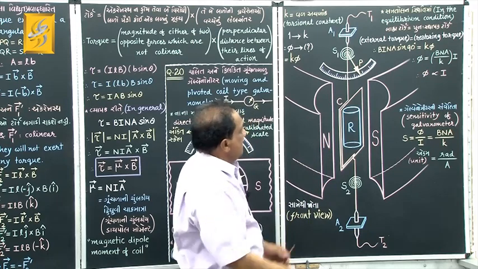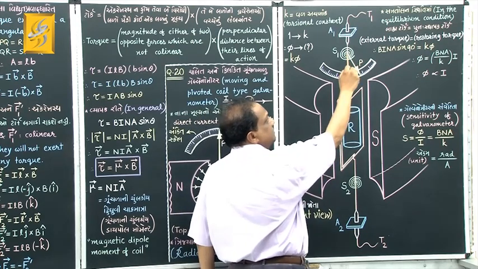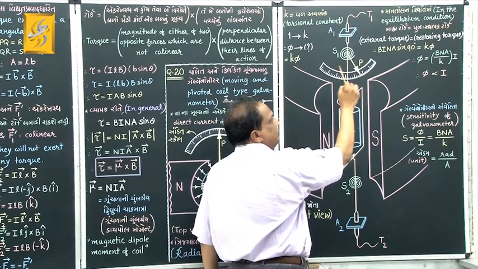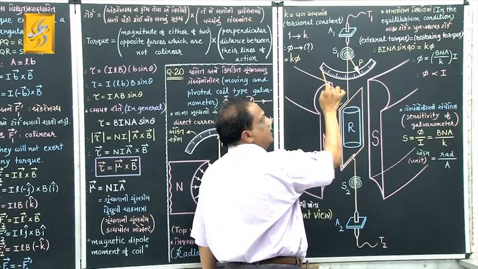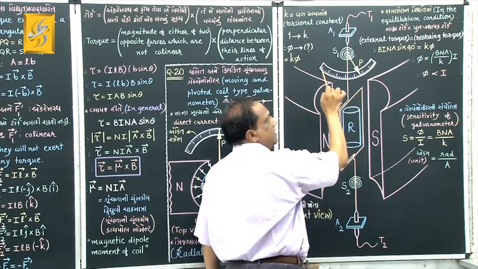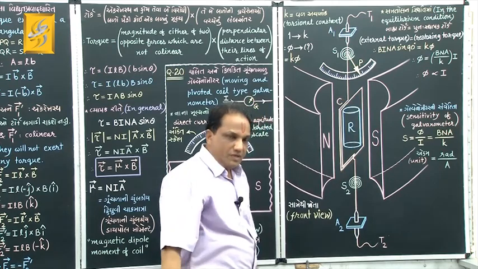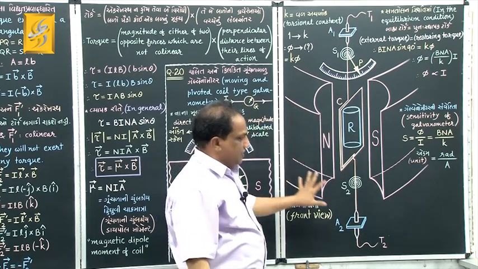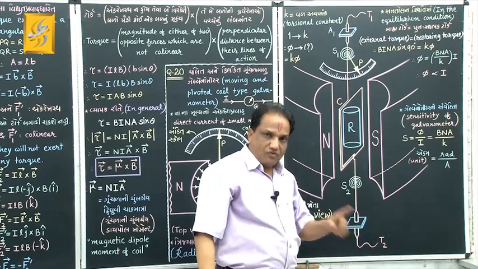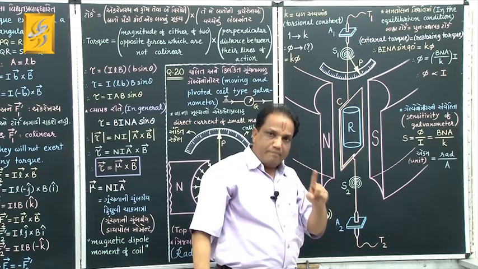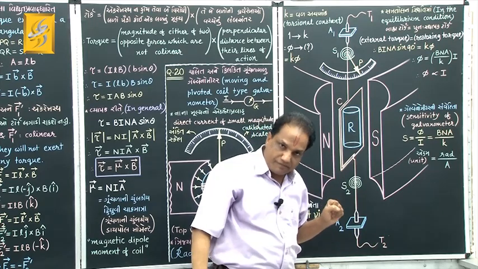Okay. Then here we just tie up one pointer which can deflect quite freely on this calibrated scale. This is all about the construction of a galvanometer. Which type of galvanometer? Moving and pivoted coil type galvanometer.